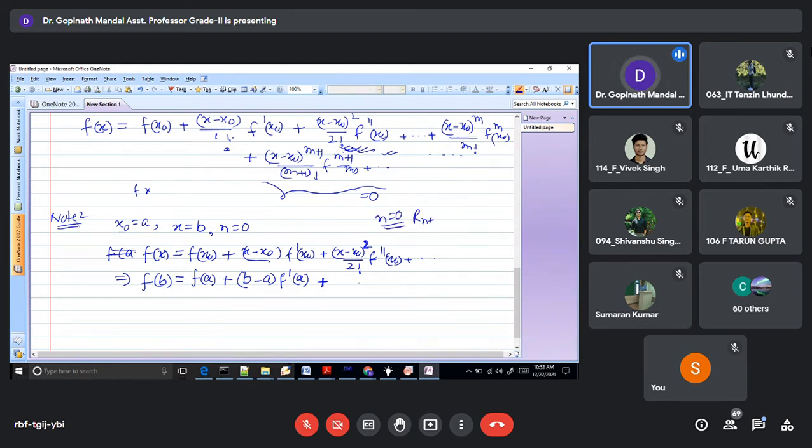So the remainder term R n plus 1, that is R1. Wait, n will be 0.